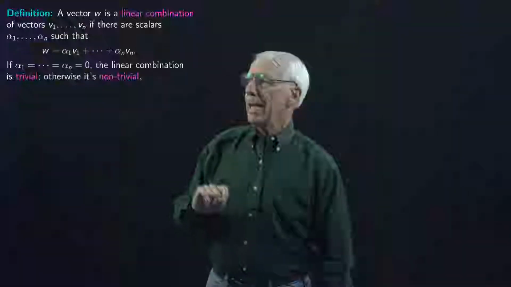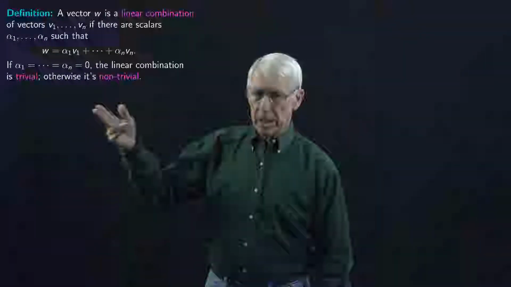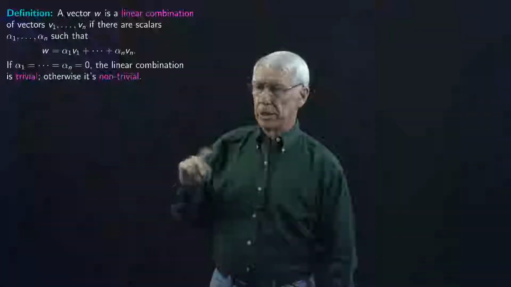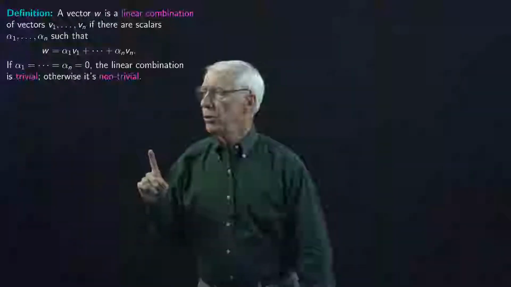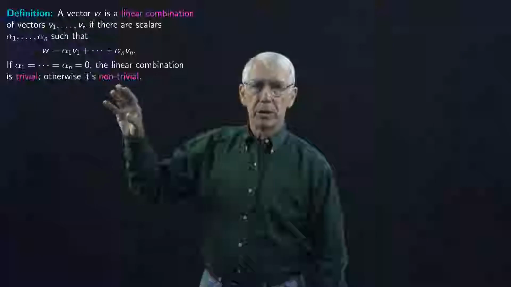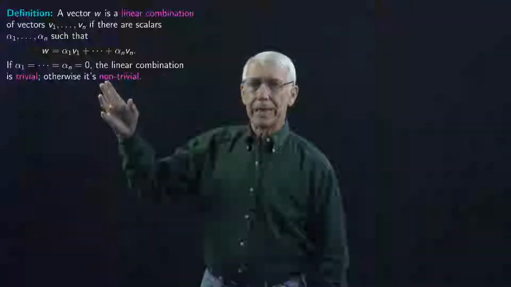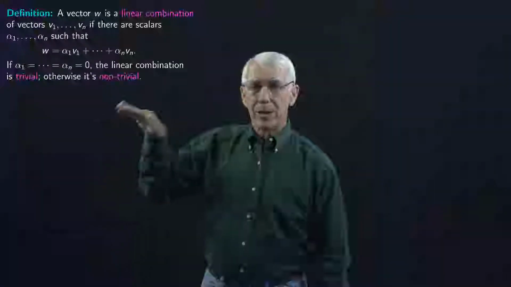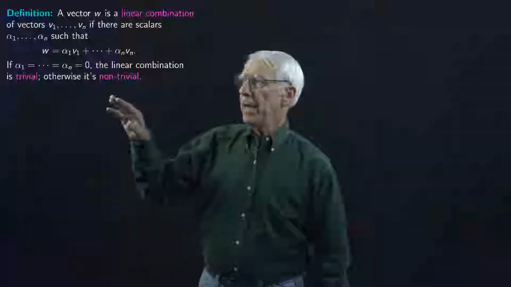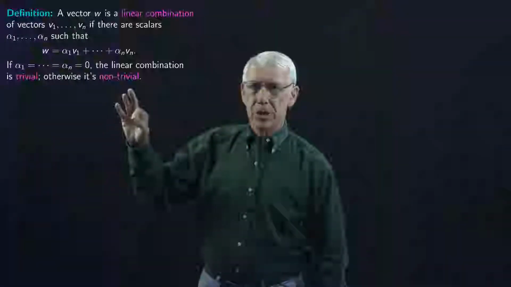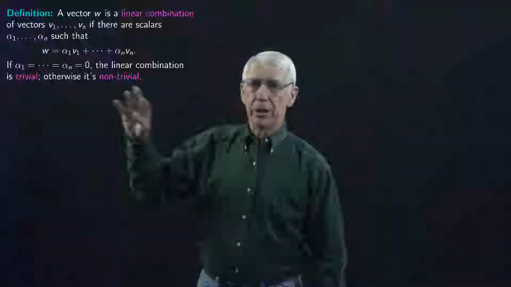And if any of the scalars in that linear combination is not zero, then we say it's a non-trivial linear combination. You should note too that if all the scalars are zero, so we have the trivial linear combination, we certainly get the zero vector. Things can go the other way, but not quite the same, in that we could get the zero vector as a non-trivial linear combination of vectors.